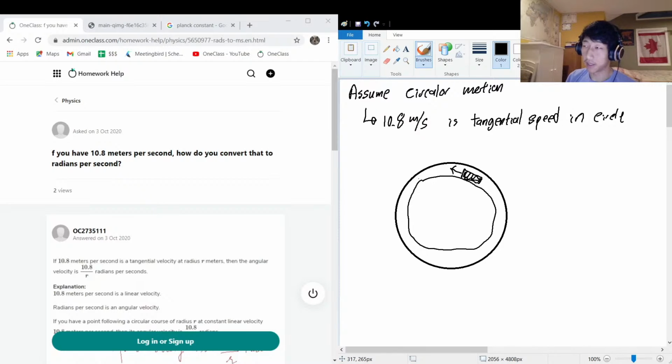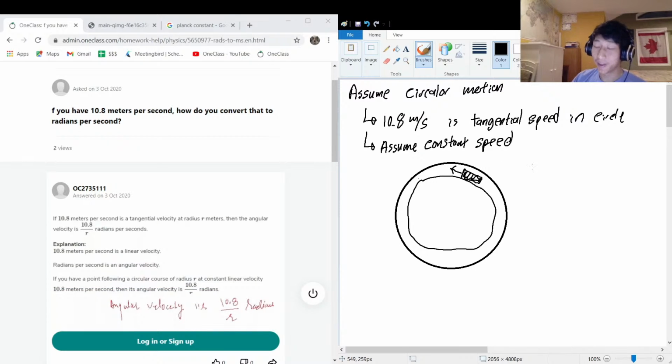Your speedometer would always say 10.8, and it's the tangential speed in this circle, and we got to assume that the speed is constant. Assume constant speed. Spelling is clearly not my strong suit, but that's why I like math, because we only write one letter at a time.